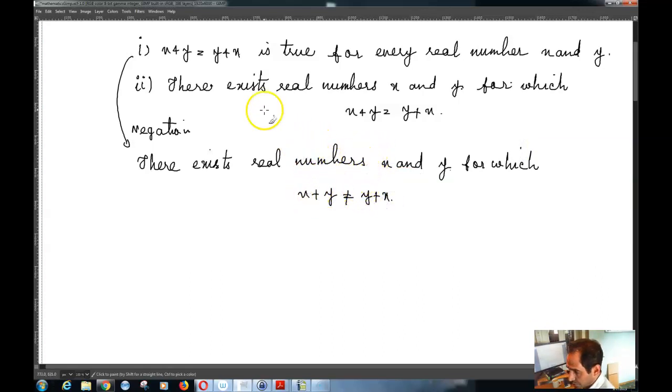So this would be the negation of this statement over here, of course. But not this one. This one is kind of saying the same thing.